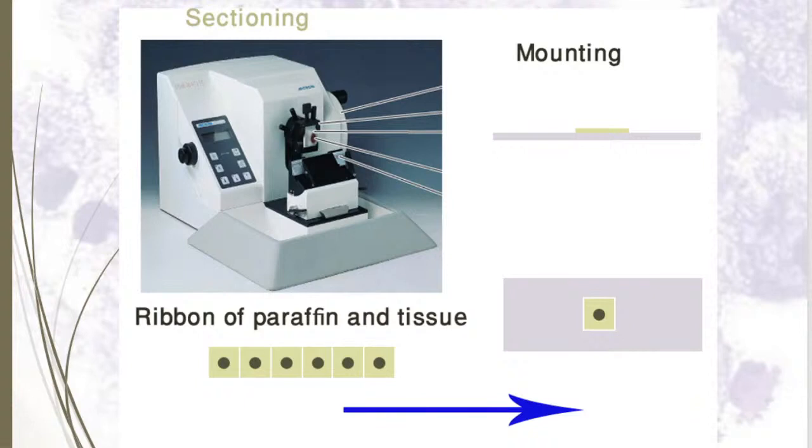That process is named mounting, because the tissue needs to stick to the glass with a special glue. This glue is not very complicated: we use chicken egg protein and add some thymol to help prevent bacterial invasion.